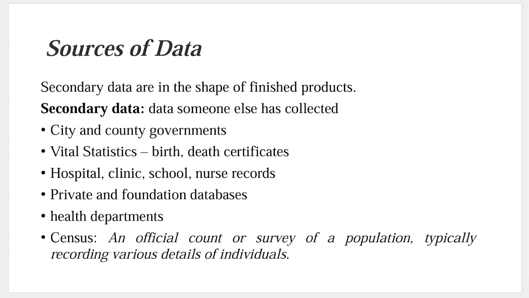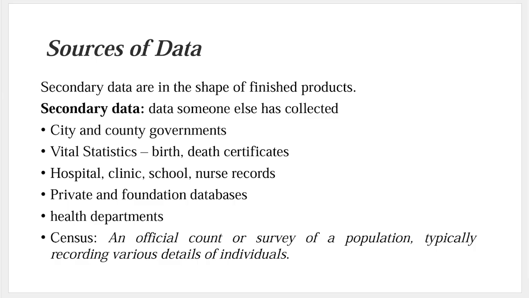Instead of collecting data yourself, you use existing data from reliable sources. Secondary data is data collected by someone else. It is already available and ready to use. So it saves time and effort.